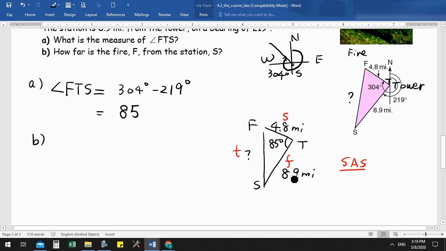And for the cosine law, we know we have three forms. Because we are looking for this side t, we are going to let t squared be by itself.